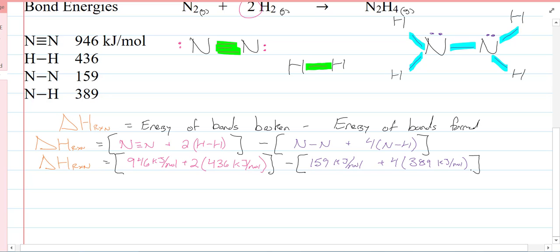At this point, it's all algebra. Now, if you want to, you can break this down, delta H for the reaction equals, in this case it's pink and purple, but bonds broken minus bonds formed.